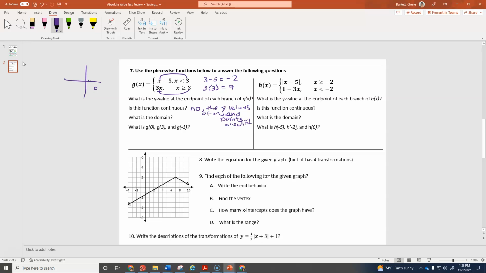The other one is going to have a filled in circle, because of this bar right here, at 3, 9. So I think this one is going to go up like this, and this one is going to go something like that. But we're going to go to the calculator and see.